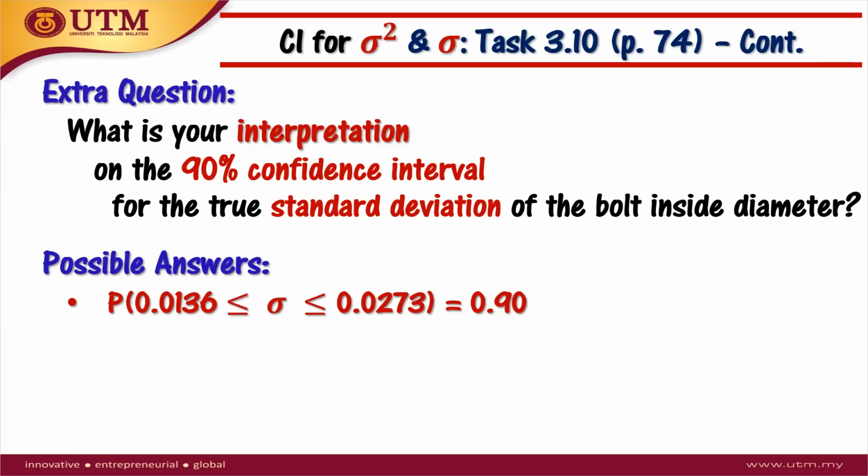Instead, you should say that the probability that the interval 0.0136 and 0.0273 contains the true sigma value is 0.9.